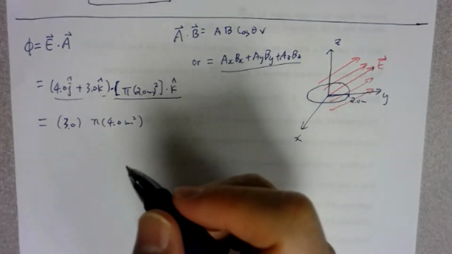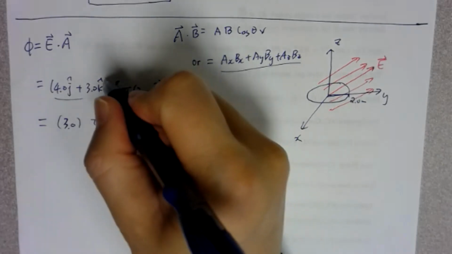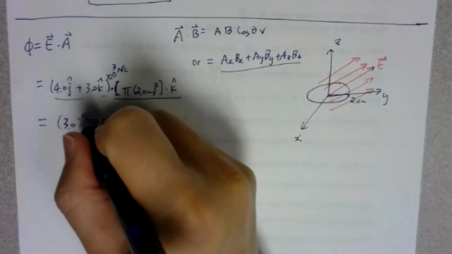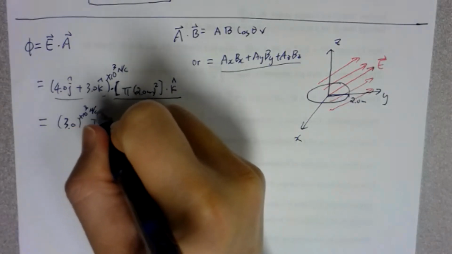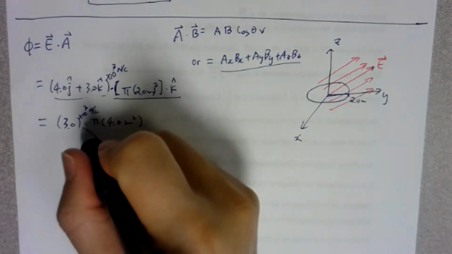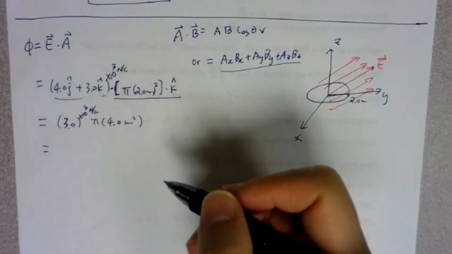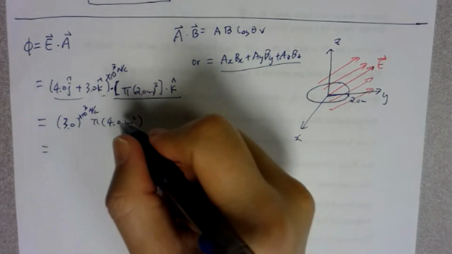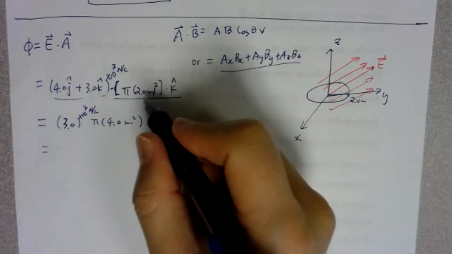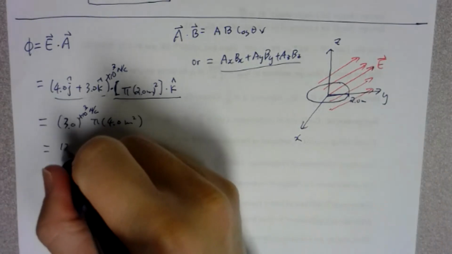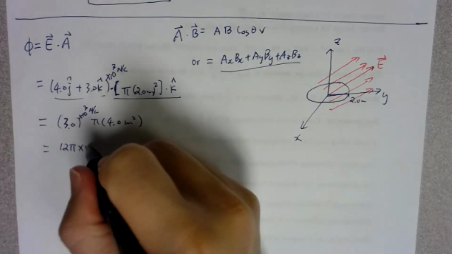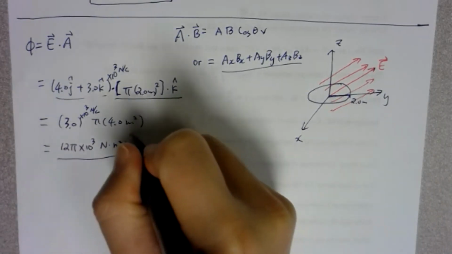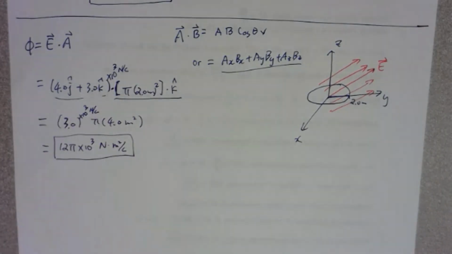And then the E is actually 10 to the third newtons over Coulomb. So this then will give you 12 because 3 times 4 will be 12. 12 pi, okay, 10 to the third newton meter squared over Coulomb. Okay, and that will be your flux.